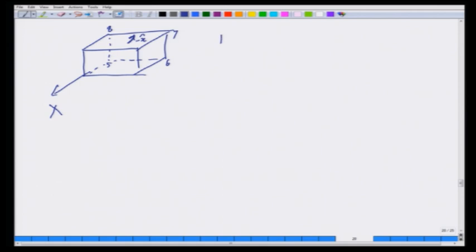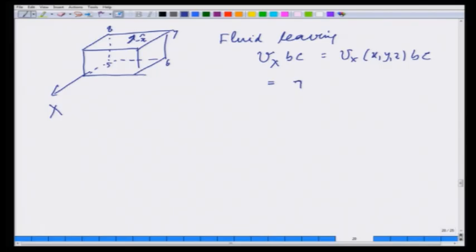So, fluid leaving, magnitude we already said is Vx Bc, which is Vx at x and y and z Bc, and which component? The component in the minus x direction. So, I am going to write this as V dot x in the minus direction at x, y, z, Bc. This is fluid leaving from 5, 6, 7, 8.